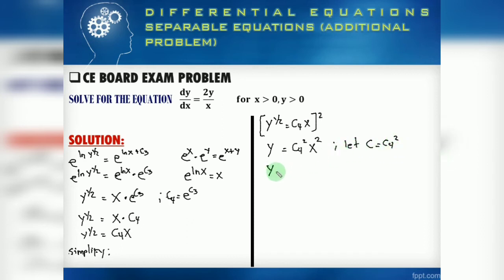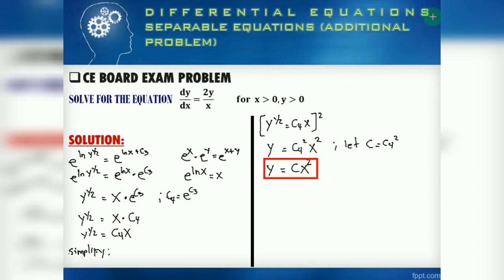So this would be y is equal to c times x squared. Okay, so we have arrived at this equation y is equal to cx squared. Okay, so this would be now our final answer. This y is just equal to c times x squared.